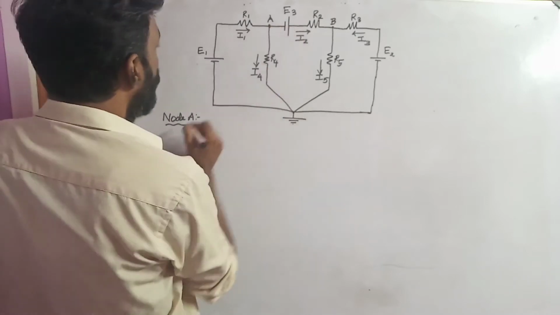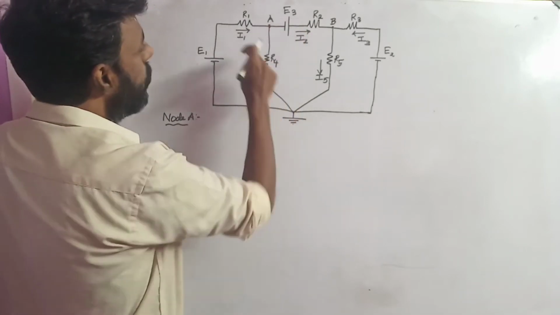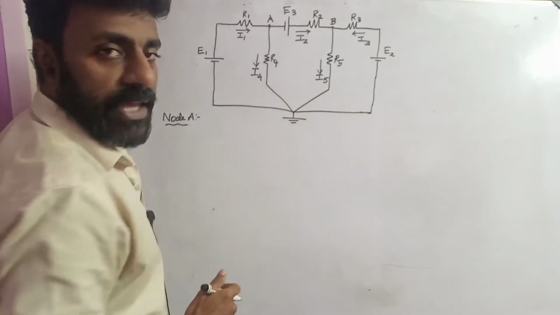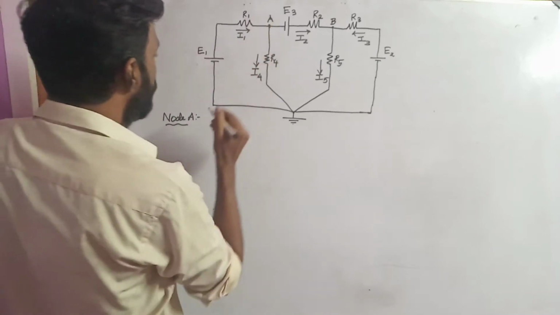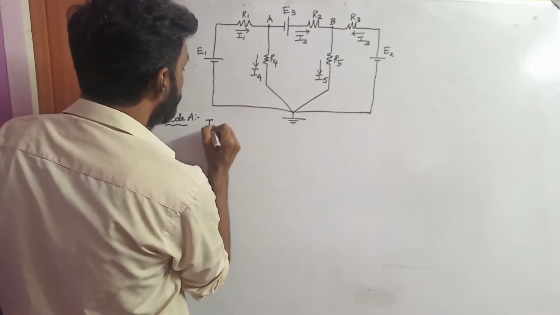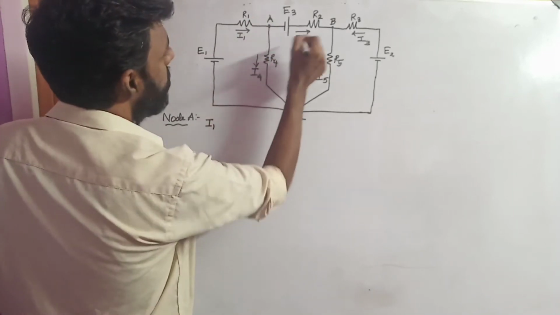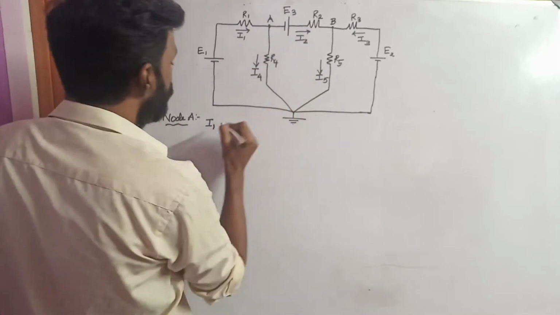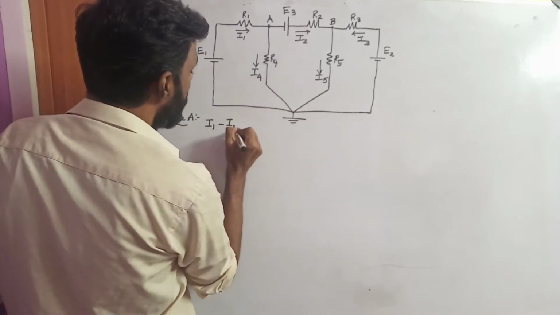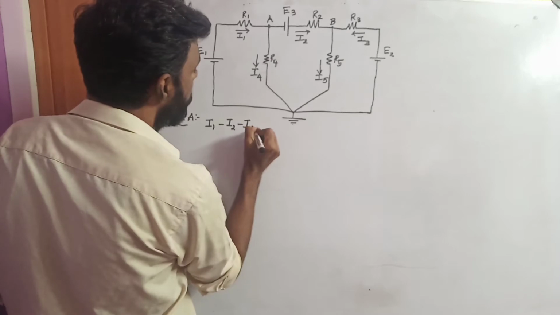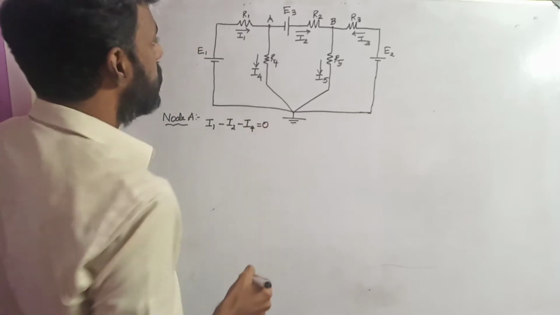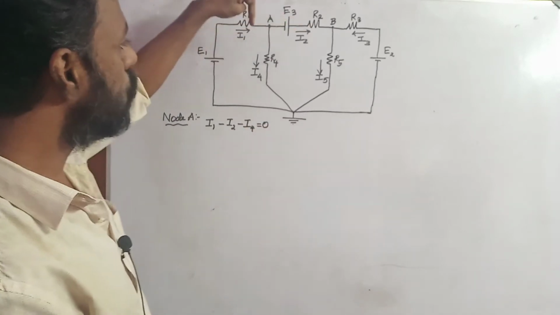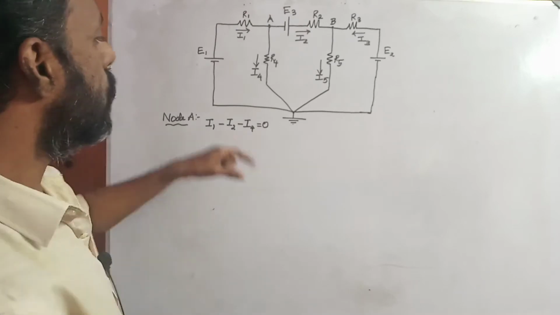At node A we need to apply the KCL formula. So KCL will be I1 minus I2 minus I4 equal to 0.